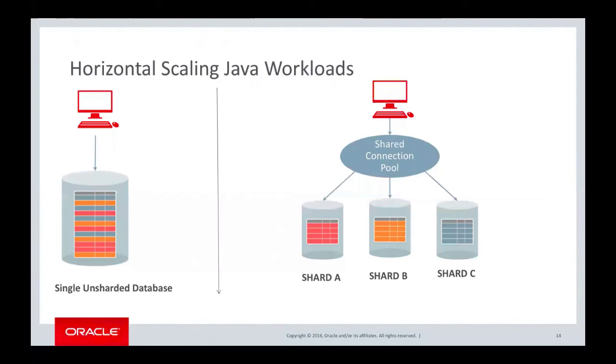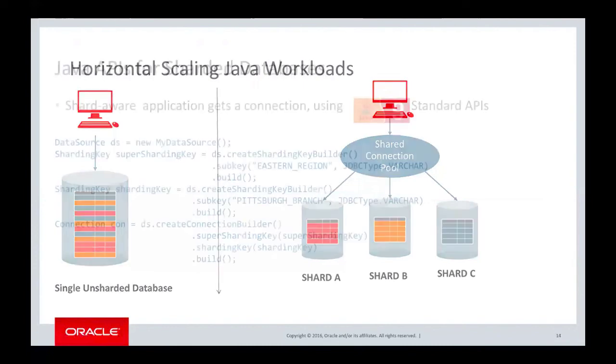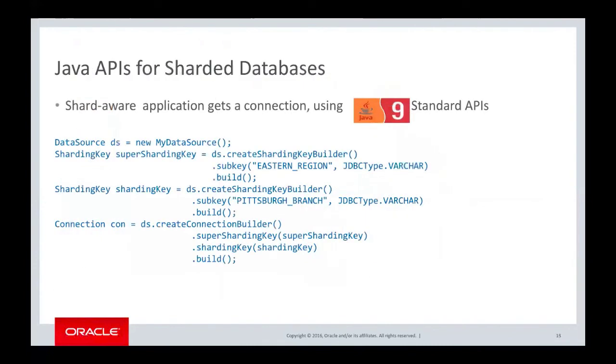So what do we have? From Java perspective, this is a new API in Java 9. If you go to Java 9 and you check for Sharding API, you will see those are the APIs that Oracle has worked with the community to make a standard. So it's not anything proprietary. And the way it works is, let's say you want to connect to a shard database.